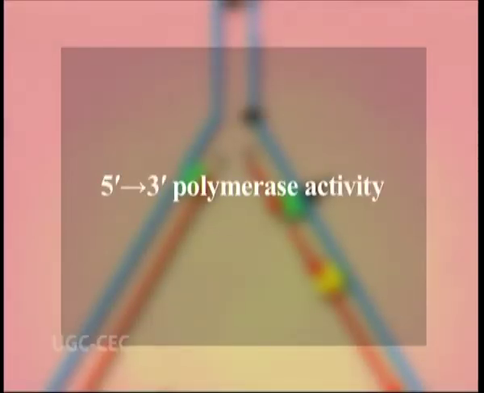DNA polymerase has three distinct properties. Number one, an important function of DNA polymerase is 5' to 3' polymerase activity, which is the predominant function of the enzyme and is responsible for joining nucleotides to form the DNA chain.